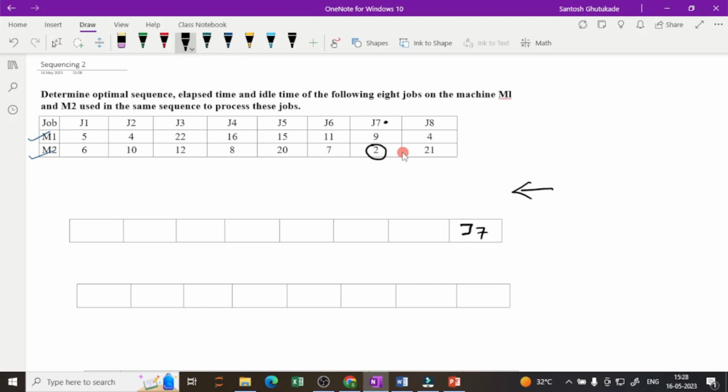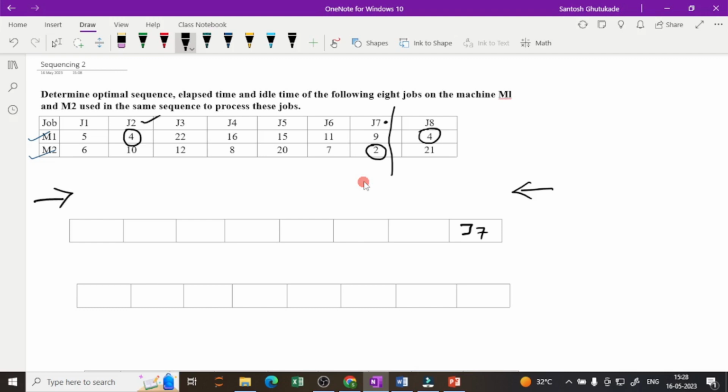Then we will cross this job. The next is the next smallest processing time. Remaining after that 2, 4 is the next smallest processing time. So 4 is at 2 locations, here it is 4 and here it is also 4. Both the 4s are on machine number 1. So which job do we take first in the sequence?